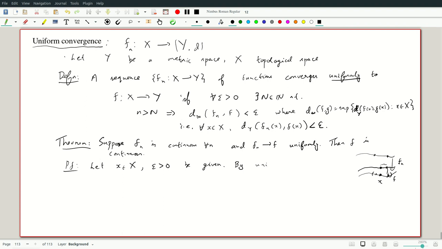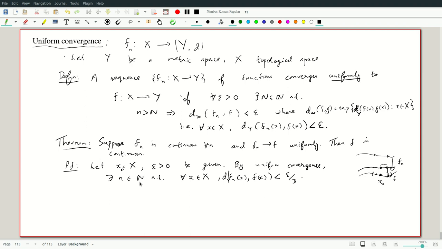By uniform convergence, we need a little less. We just need uniform convergence of a subsequence. So there exists, let's say, capital N in the naturals, such that for all x in X, where x naught is your fixed point because I want x as a free quantifier, the distance in Y of f_N(x) and f(x) is less than epsilon by 3.